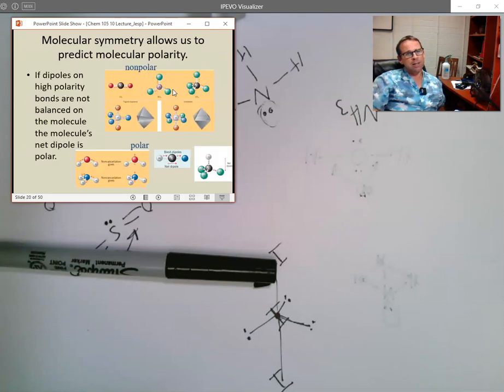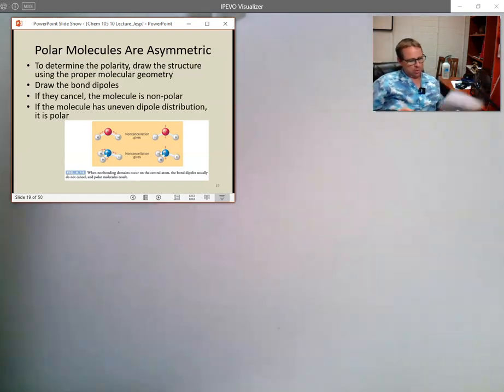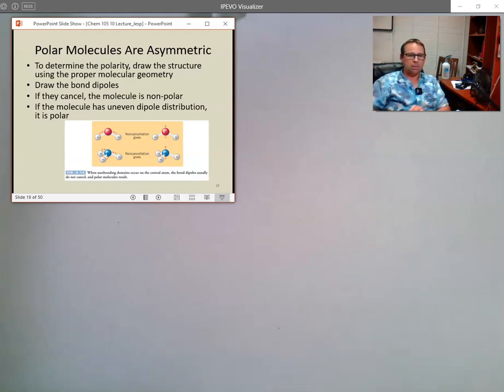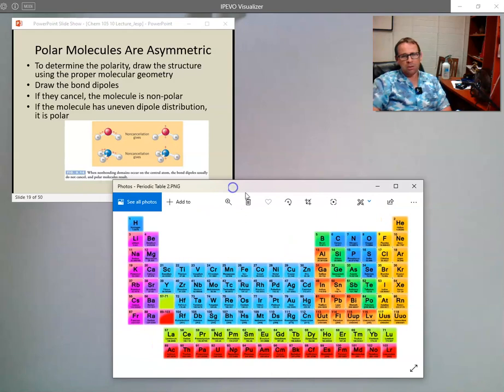All right, let's see. Now, we have been introduced to what we call polar bonds in the previous chapter. And with polar bonds, we can look at a bond and decide whether it's polar or not based on the location of the atoms in that bond, their location on the periodic table, right?